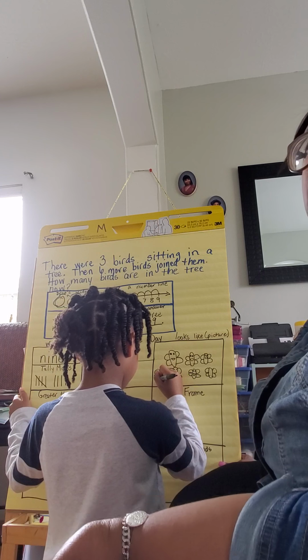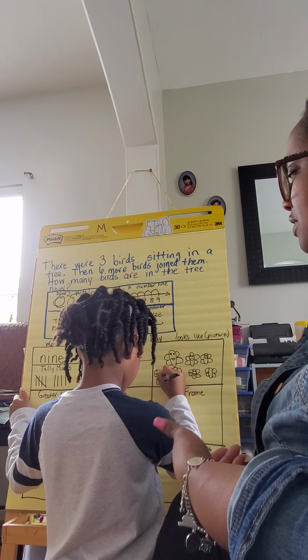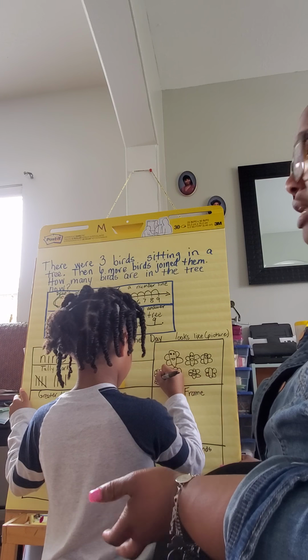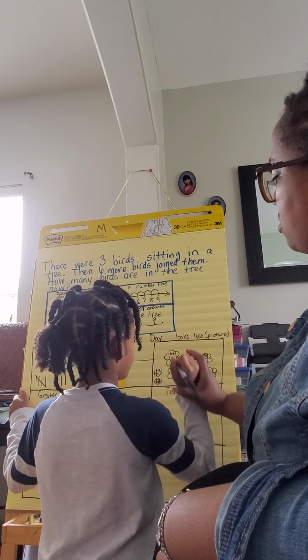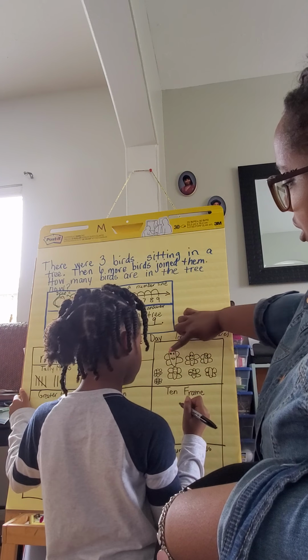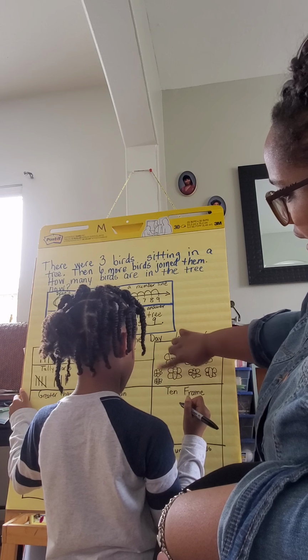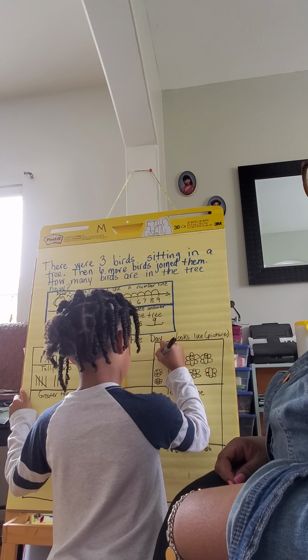Very good. So that's another way while your child is doing this activity that they can also be thinking about ways to make 9. Don't forget you have all the space up here. So let's count how many you have so far. 1, 2, 3, 4, 5, 6, 7, 8, 9.